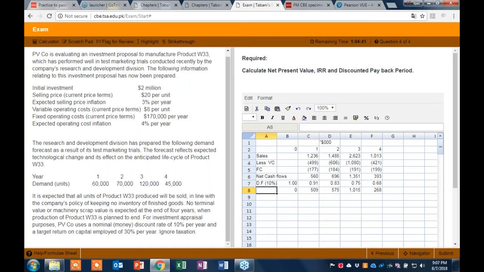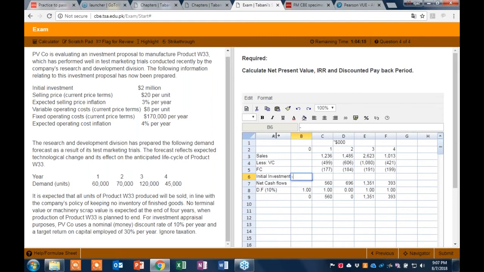Okay, have we missed something here? We've missed the initial investment. So let's cut the whole 2 lines, paste it down. So let's write initial investment, which is minus 2 million, that is 2000.